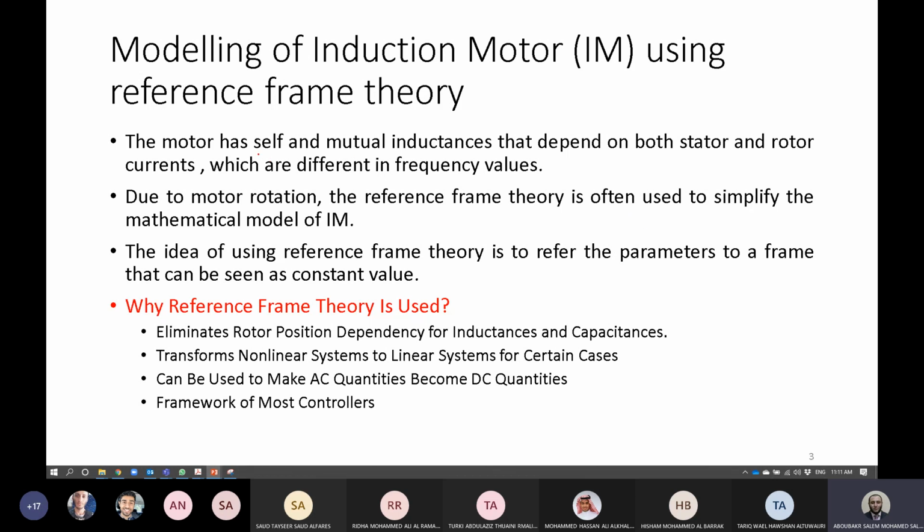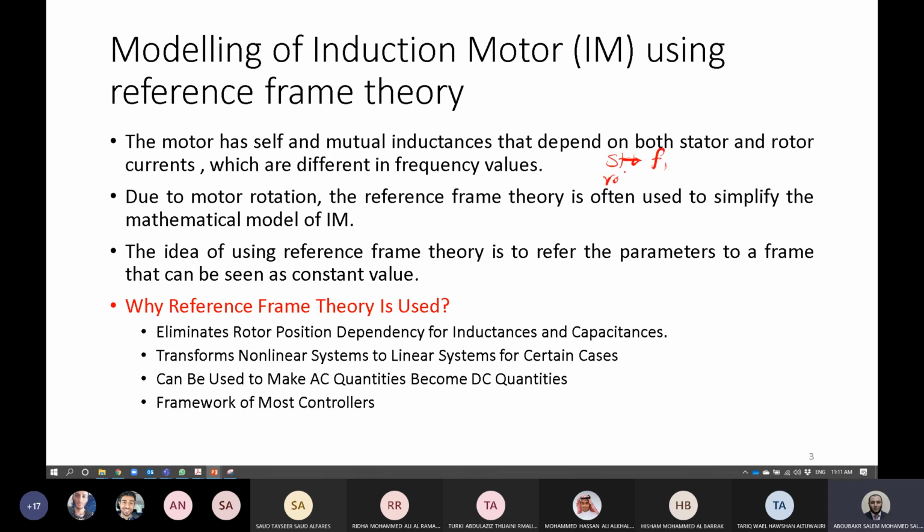First, the motor has self and mutual inductances that depend on both stator and rotor currents. Right, guys? If we have equations for stator and rotor current, there will be a relation between voltage and the current with the inductance. And for sure, you know that in an induction motor, stator and rotor currents have different frequencies. For instance, for stator current you have the stator frequency, which is F1.